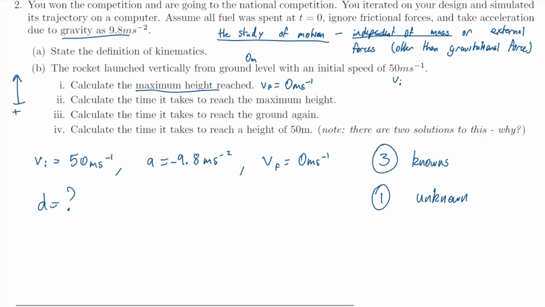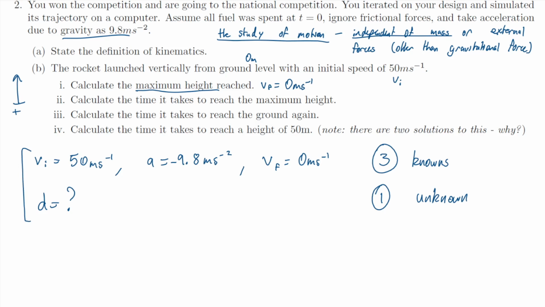So with that, we then turn to our formula sheet, and we look for a kinematics equation, sort of near the top, that has all four of these parameters. So one that has initial and final velocity, acceleration, and displacement. So that was step one.